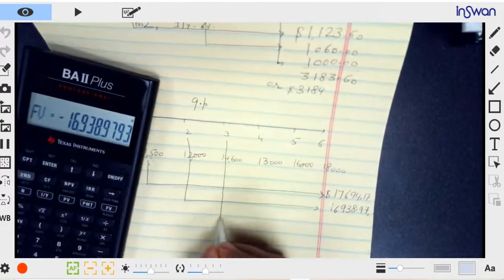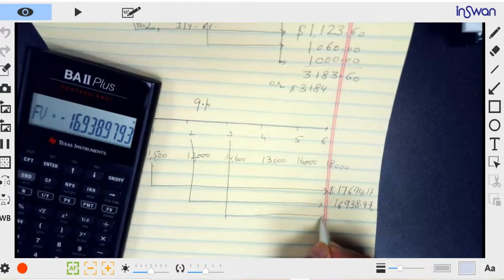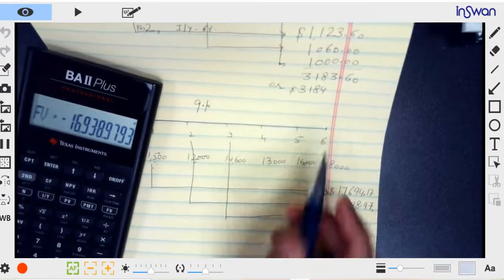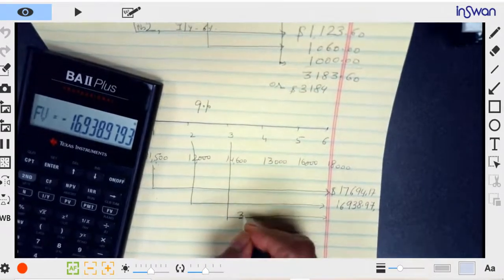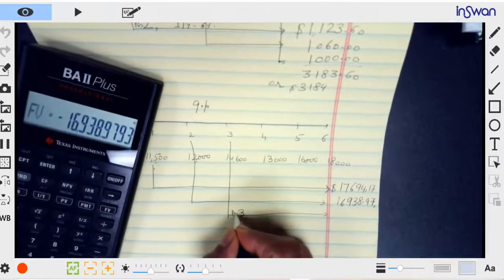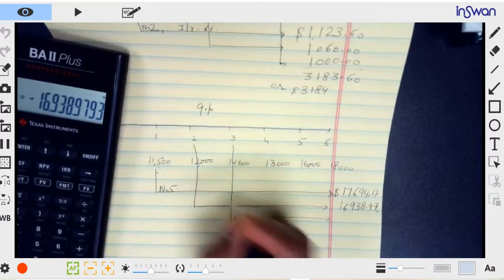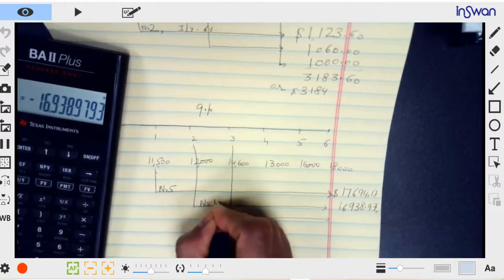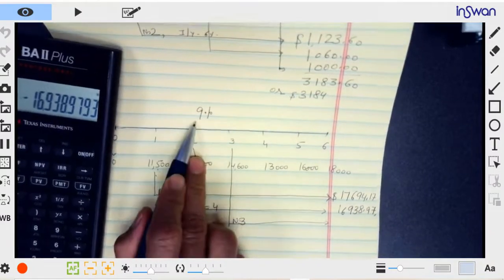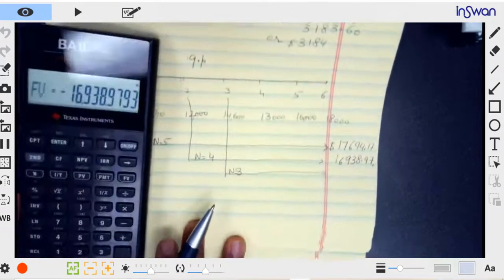Let's go for the next one. 1, 2, 3. So compounding is 3 times. So n is 3 here. In the first one, n equals 5. In the second one, n equals 4. Interest rate is 9% throughout.